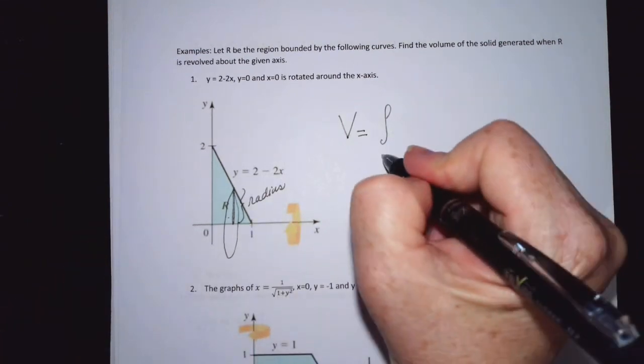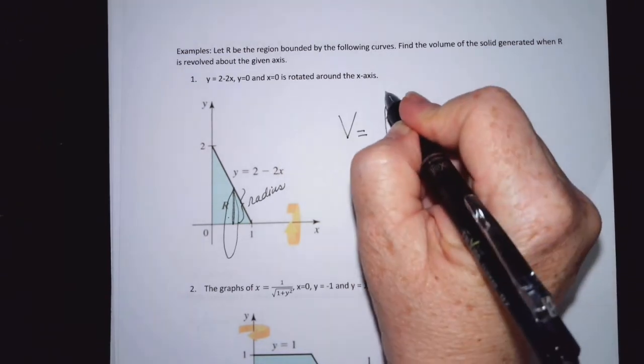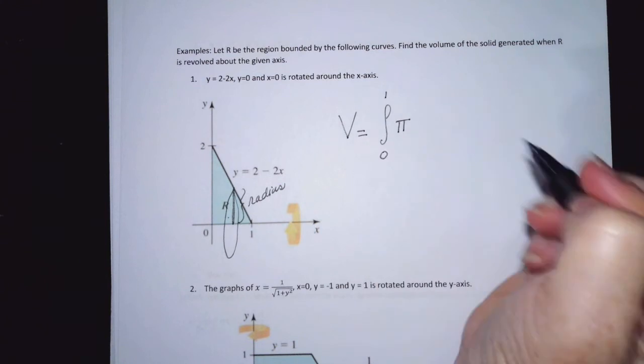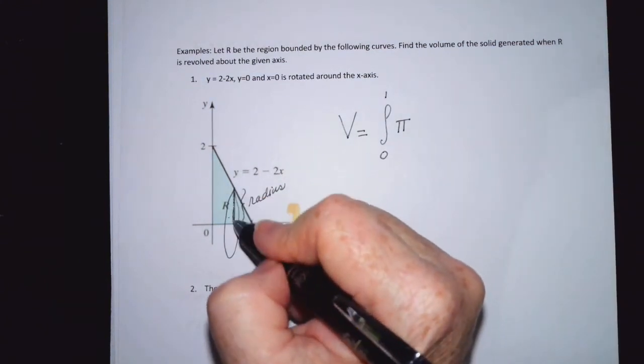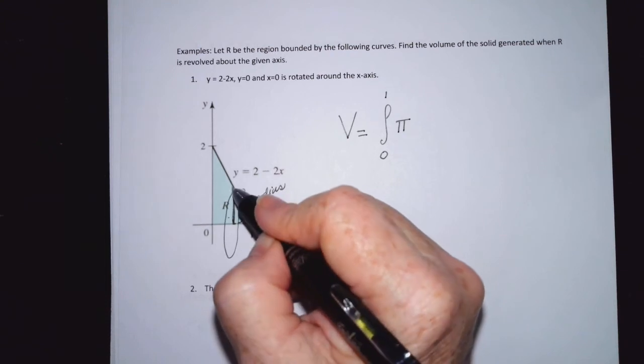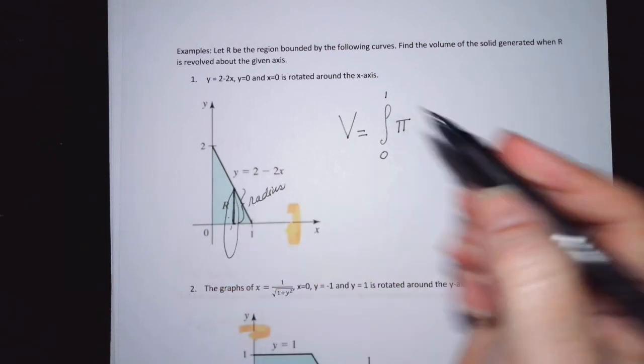So we'll have the integral from 0 to 1 of pi times, what's the radius? It's a vertical distance. It's just the height of this little rectangle.